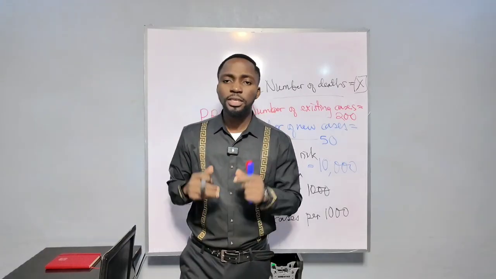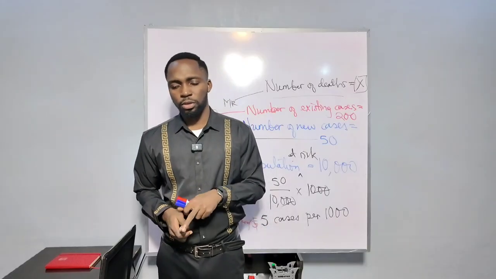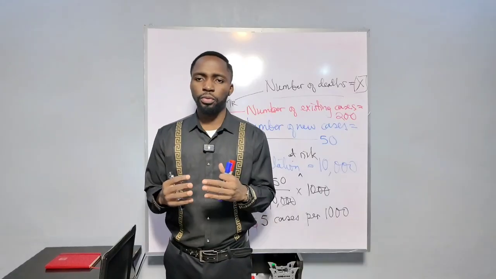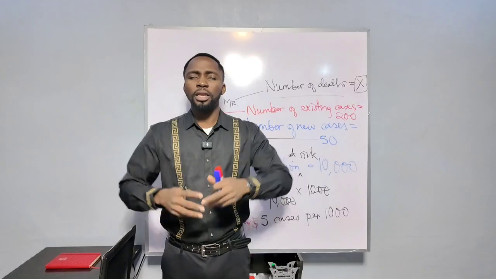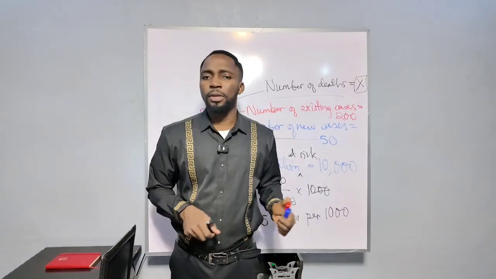And what is case fatality rate? This tells us how deadly a disease is. It gives the proportion of people diagnosed with the disease who die from that disease.